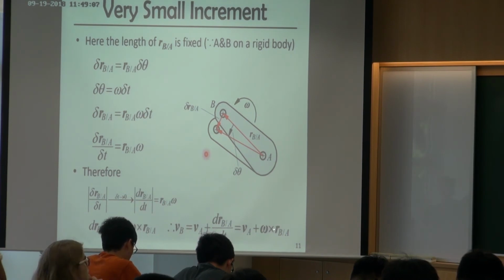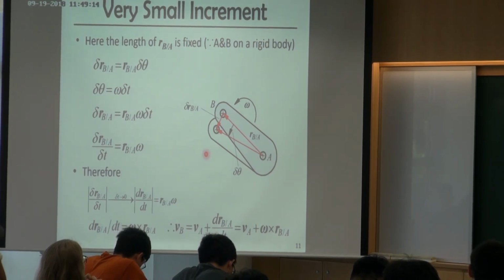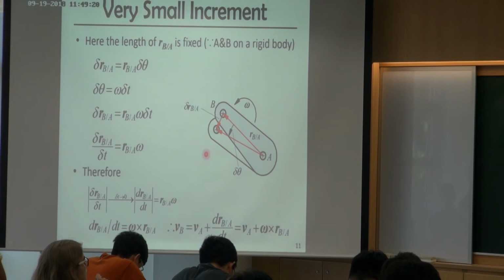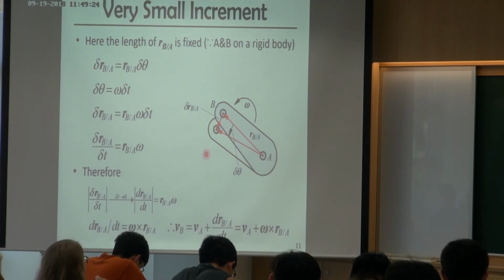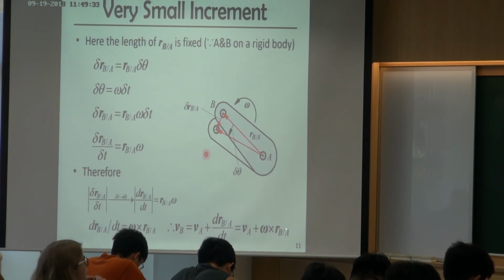And RBA is basically the vector along this link, so we can easily measure it because the length of the link is known. And if you also know the orientation of the link, then this vector is known. So you just represent VB in this new form: VB equals VA plus omega cross RBA.